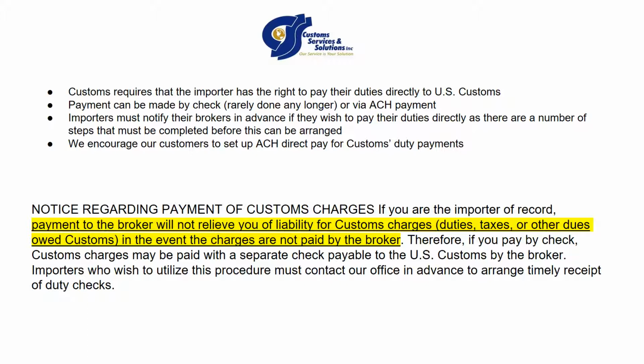Let me read a few other statements that I think are quite important. You have the ability to pay your duties directly via ACH, as I've indicated. One of the benefits of doing that is that you can also apply to pay those duties to U.S. Customs on a monthly basis versus on a shipment by shipment basis. As an example, if you had a shipment that arrived in the U.S. in the month of January and you were paying it on a regular payment to either your broker or via ACH to Customs, that money would have to be paid within 10 business days of the date of entry.